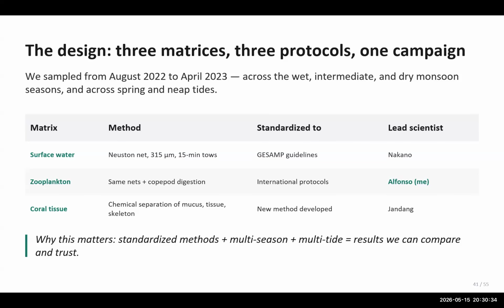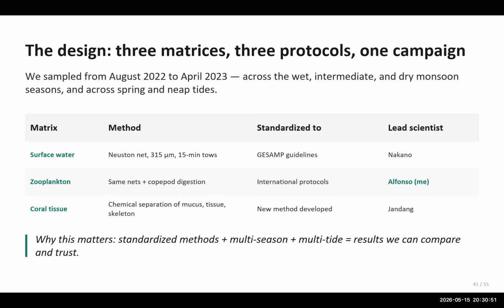We sampled this environment from August 2022 to April 2023. This covers in Thailand the wet season, the intermediate period, and the dry monsoon.